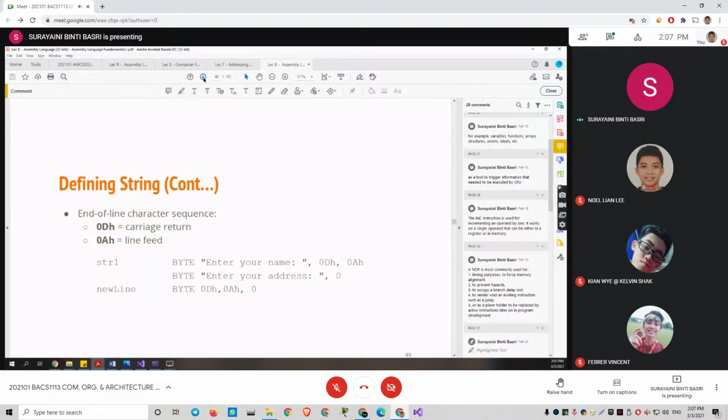For the end of line character sequence, we can declare another operand after your declared character or string.